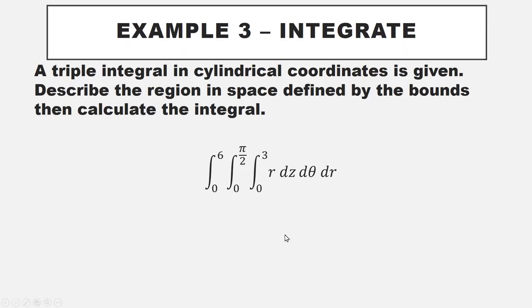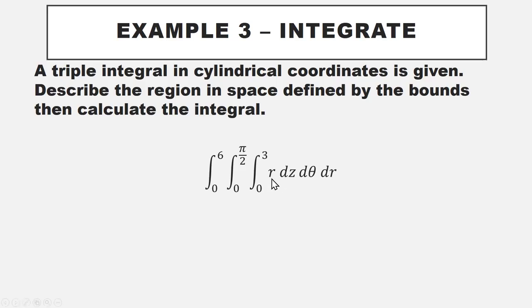So let's do one where we do a triple integral in cylindrical coordinates, and then we'll describe what we've found. We'll describe the region in space, and we will calculate the integral. So we're going to integrate with respect to z first, from 0 to 3, with respect to theta next, from 0 to pi over 2, and with respect to r, from 0 to 6.